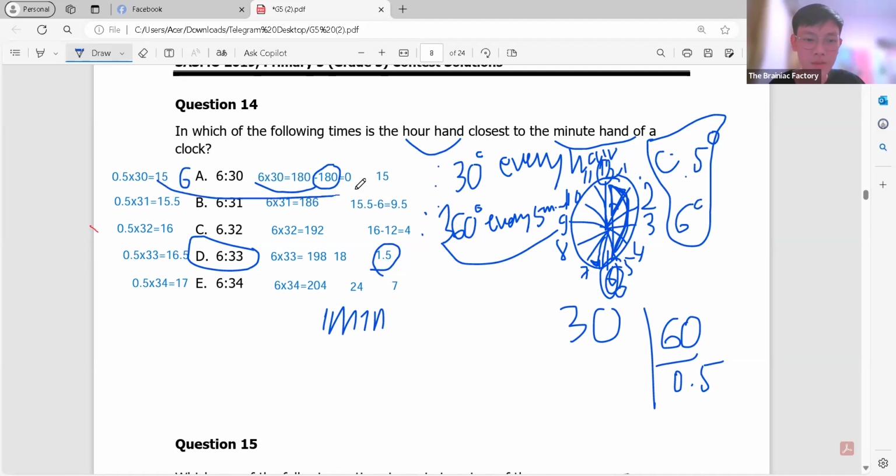And to find the difference here, we have to get 15 minus 0, which is 15, which is the distance between the hands. And then we do the same operation for the other answers, and we're having answer D, which is the closest. We're having the smallest distance. Yeah. Do you have any more question?